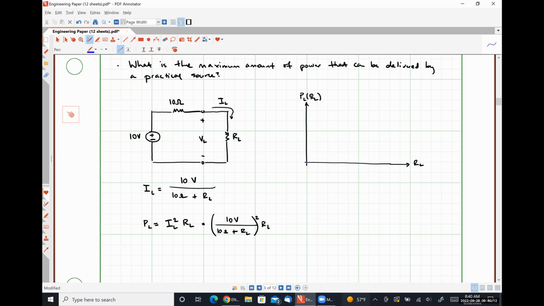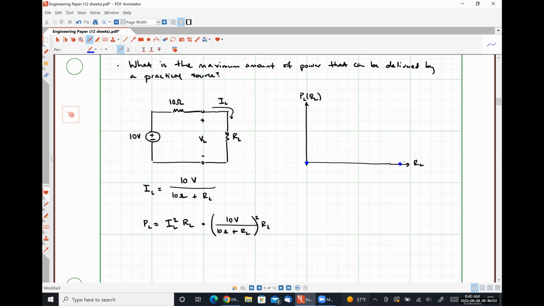At RL equal to 0, there would be no power delivered to our load because we just have a short circuit. The voltage drop across the short circuit is 0, and so V squared over 0 is going to be 0.